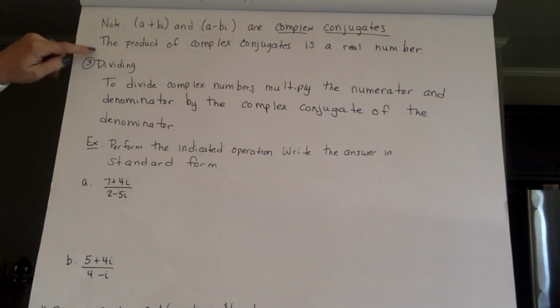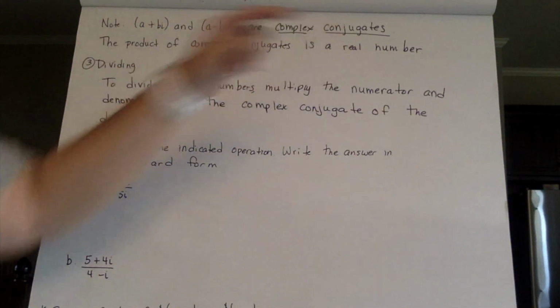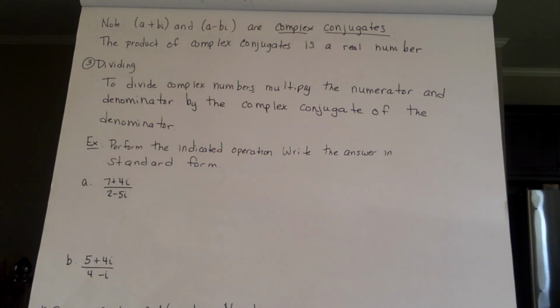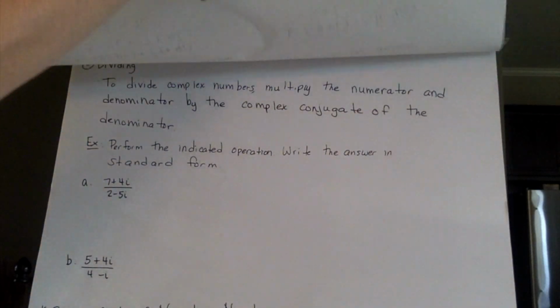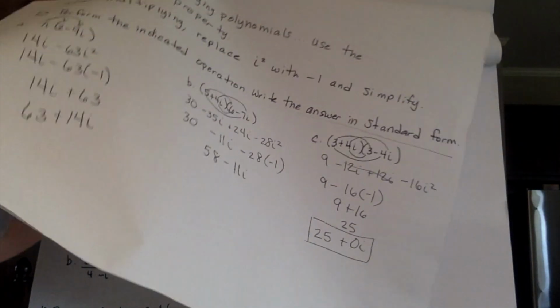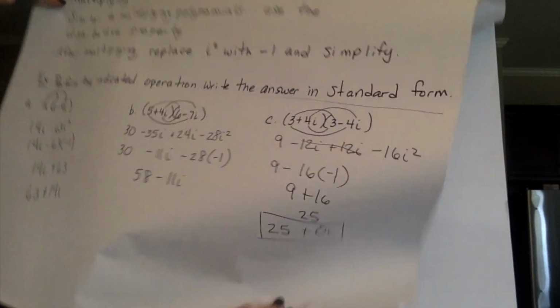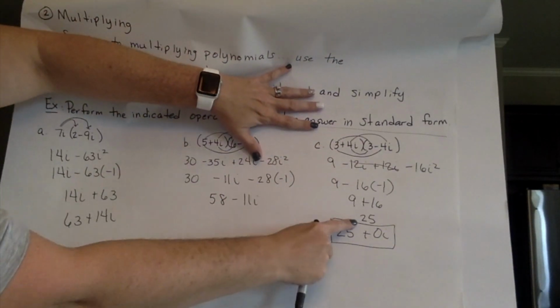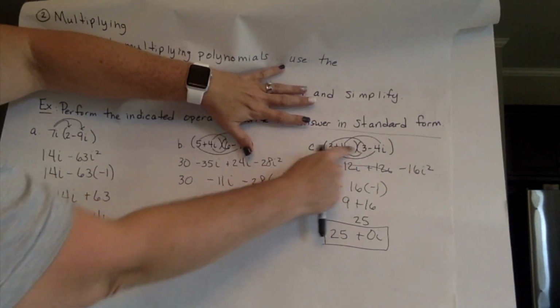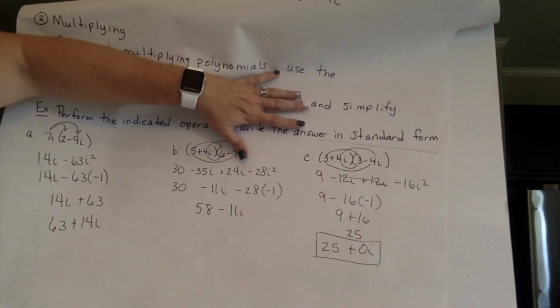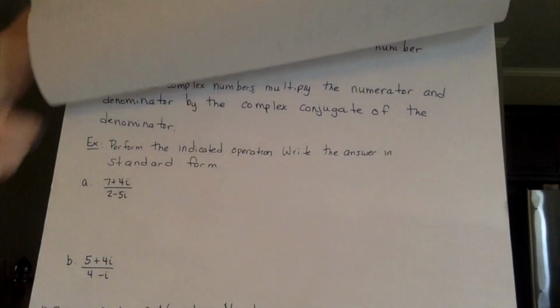And what we're going to know is that every time we multiply complex conjugates, the answer is going to be a real number. Sort of like back here. Right? Where really 25 is just a real number when we multiply these complex conjugates, 3 plus 4i and 3 minus 4i. Those are conjugates.